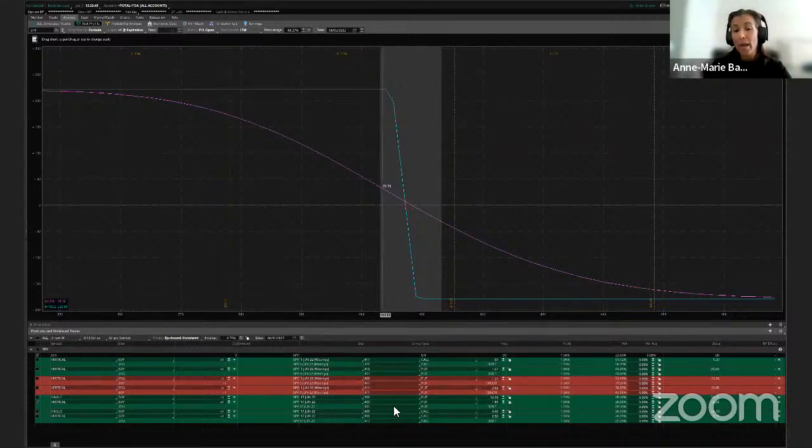So 409 minus 405 is $4, right? So the most I can make is $4 minus how much I paid for the option, which was $180. So I'm going to change that number to be $5 wide, and you're going to see this bounce up another $100. It's going to move up towards you that way.